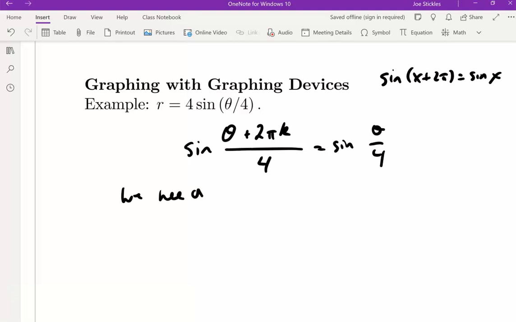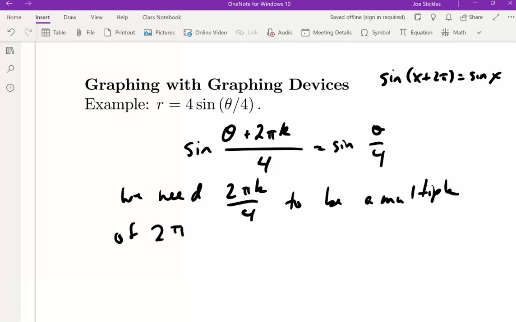We need 2 pi k over 4 to be a multiple of 2 pi. Not a multiple of pi, but a multiple of 2 pi. Okay, think about why. I'll have theta over 4 plus 2 pi k over 4, if I split that fraction. When I get that, I want it to be the same thing as sine of theta over 4.